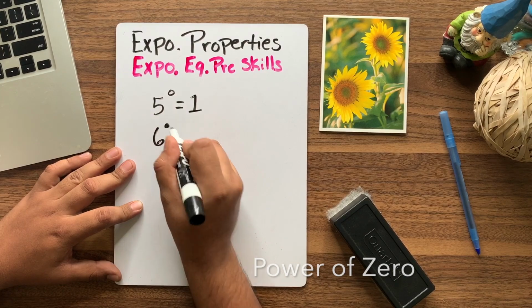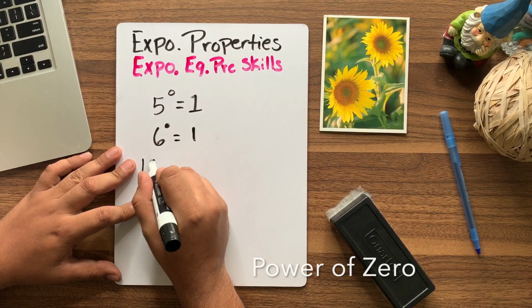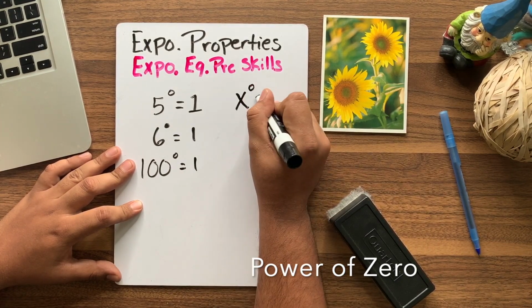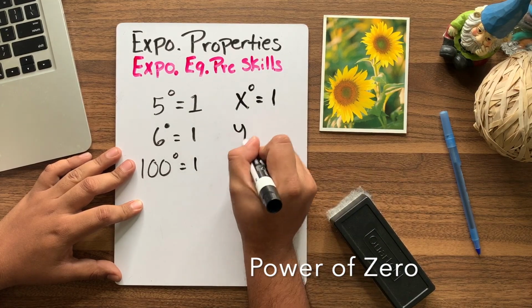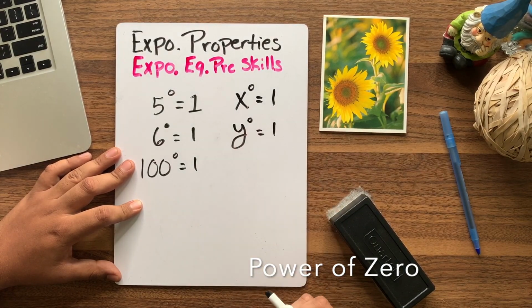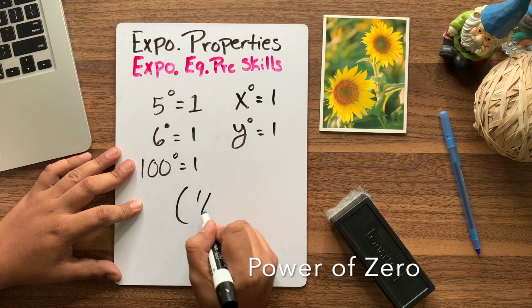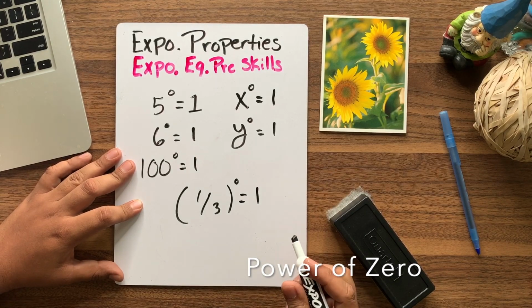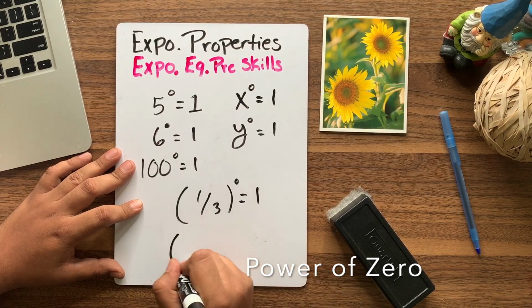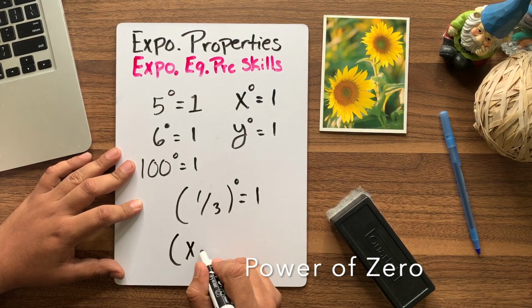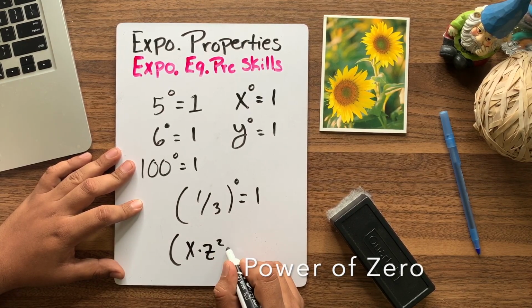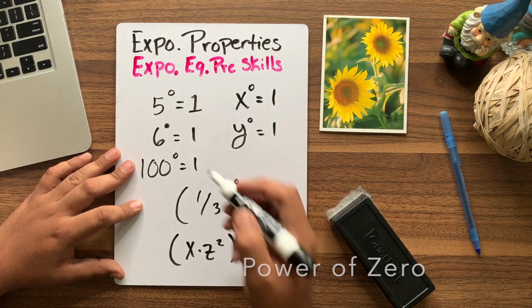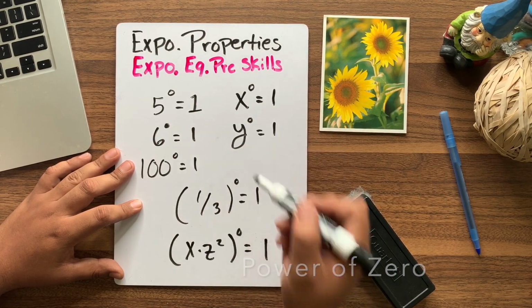So 6 to the power of 0 is 1. 100 to the power of 0 is 1. x to the power of 0 is 1. y to the power of 0 is 1. 1/3 to the power of 0 is 1. x times z squared to the power of 0 is 1. It doesn't matter what it is, anything to the power of 0 is 1.